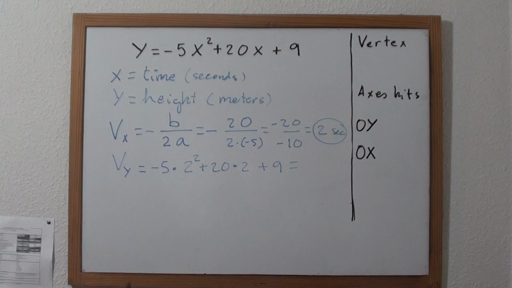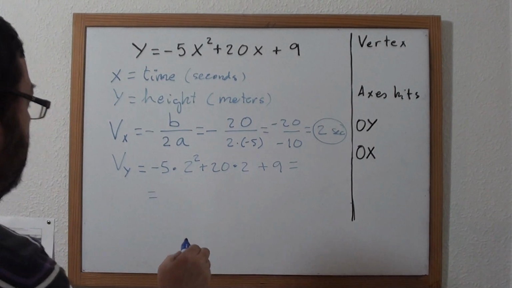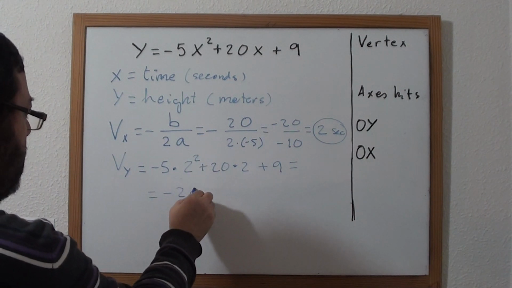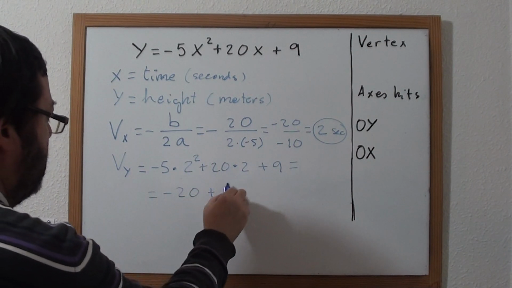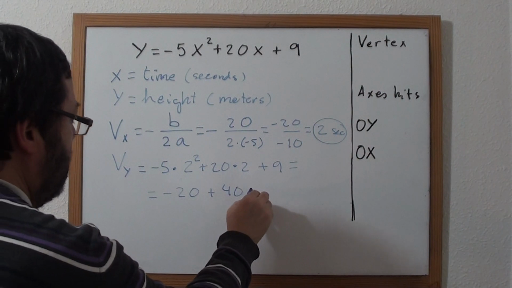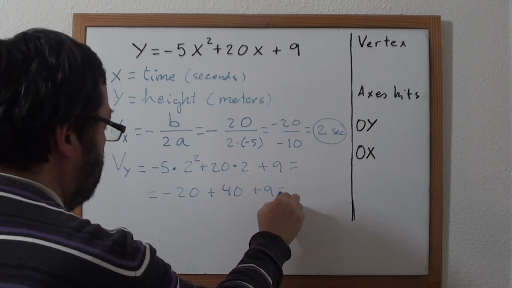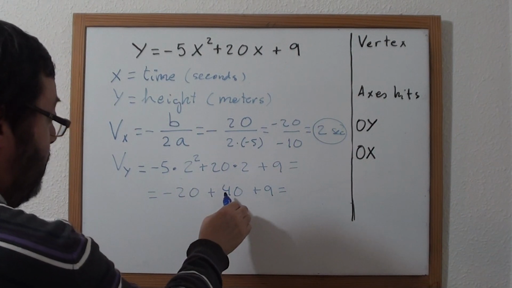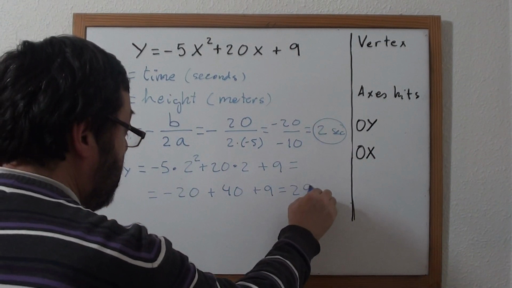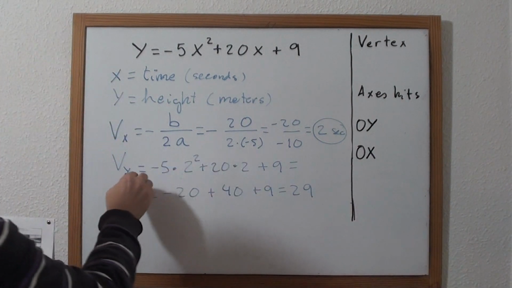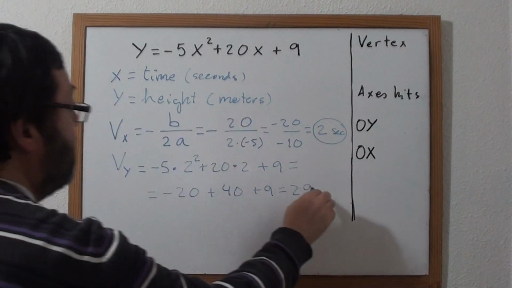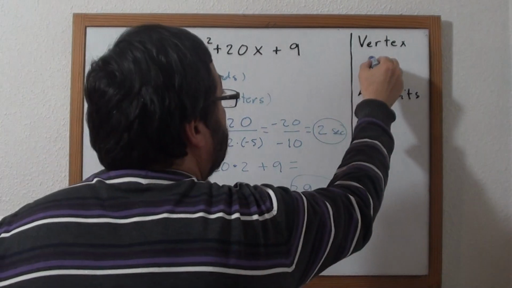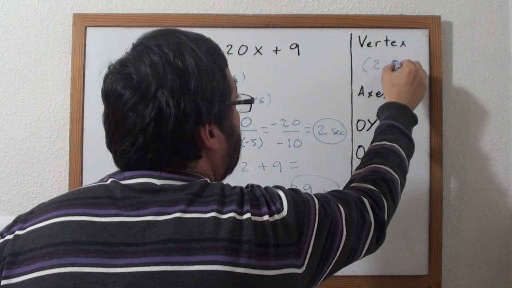Okay? So let's do the calculations here. Minus 5 times 4, so it's negative 20, plus 20 times 2, which is 40, plus 9, so minus 20 plus 40, that's plus 20 plus 9, that's 29. And y is height in meters, so 29 meters. Okay, so we already have the vertex, which is 2, 29.